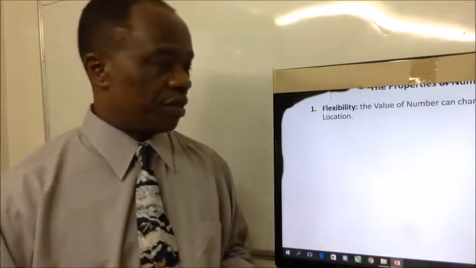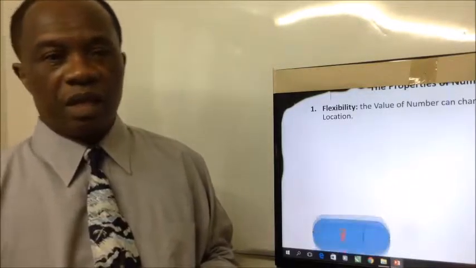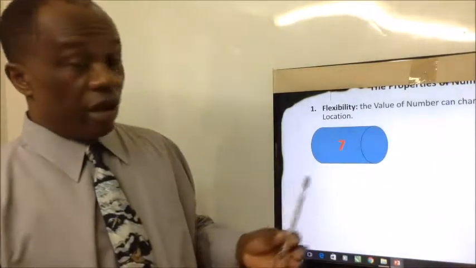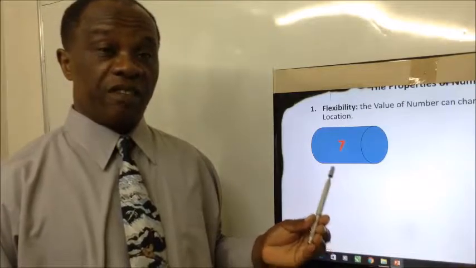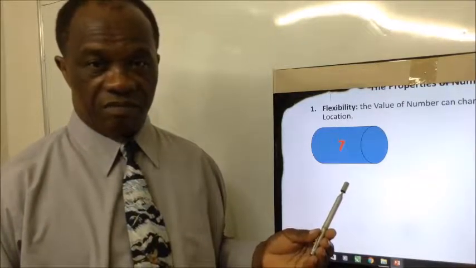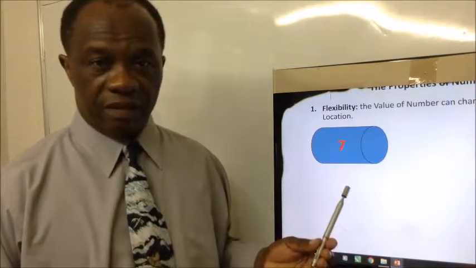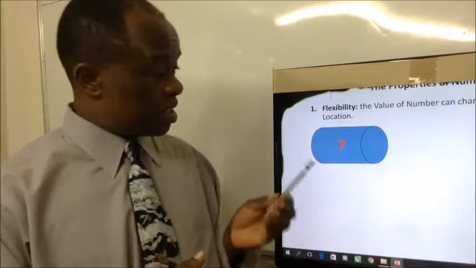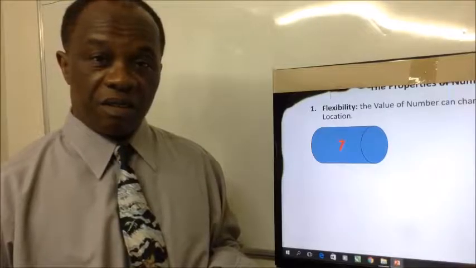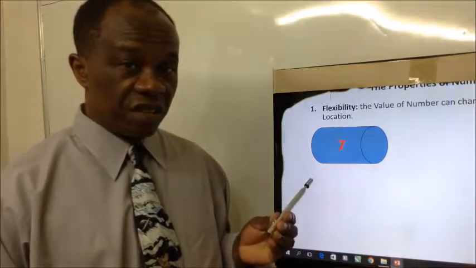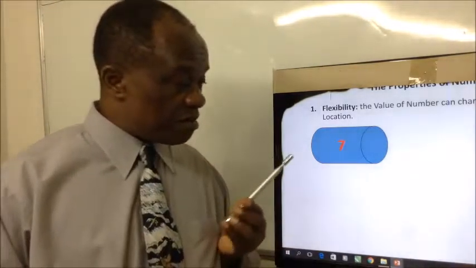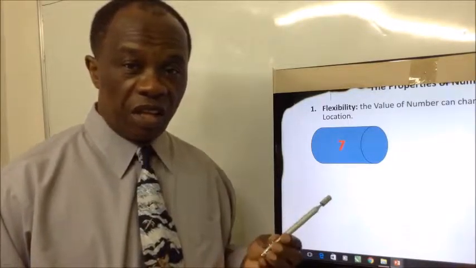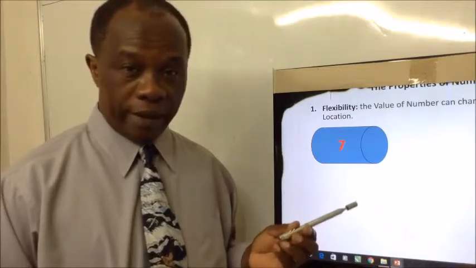If you have a number like 7, as we used to think, 7 is just a 7. But the idea is that inside this 7, there is 6, there is 5, 4, 3, 2, 1.